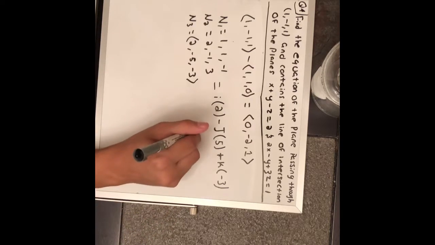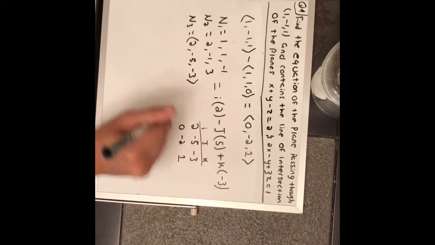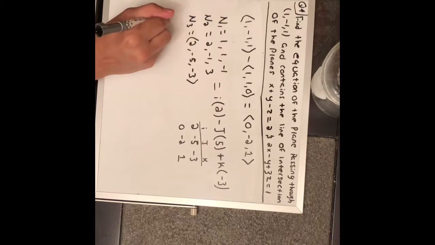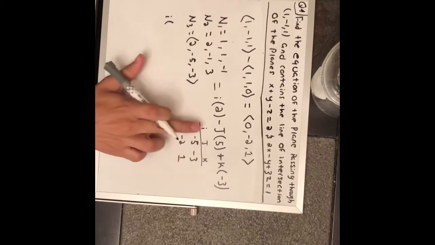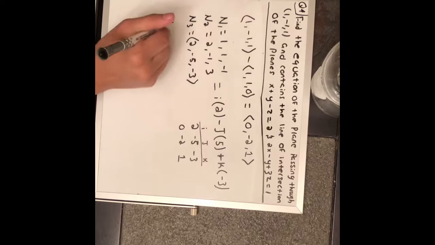Fortunately, I left a little room here to work with, so I'm just going to work from the bottom here. For the i, that's -5 times 1, -5, minus -3 times -2, so that's 6.